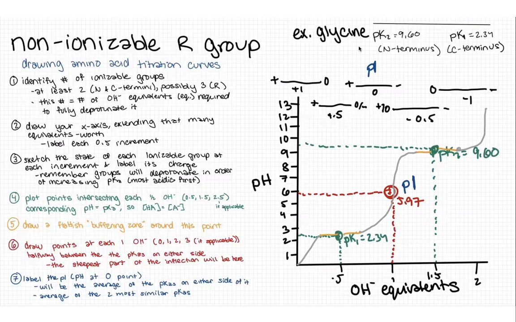So our PI is the point in which we're electrically neutral. Overall, net neutral is going to equal the pH in between the two pKas that are the closest. And in this case, there are only two of them, so it's just going to be the average of the N-terminus and the C-terminus pKa. And this is going to be your PI.